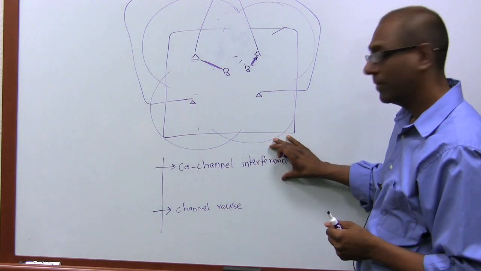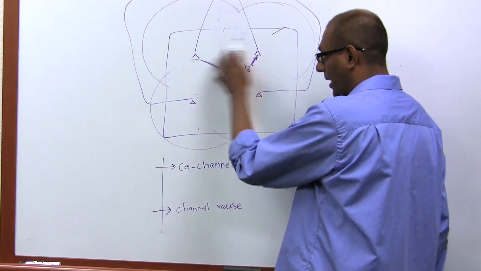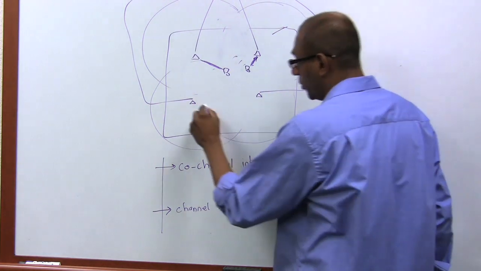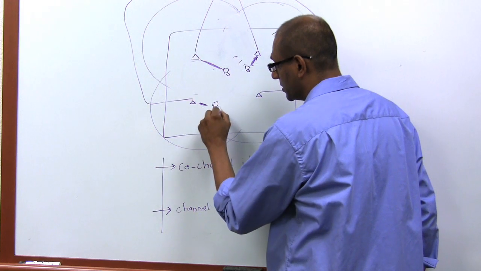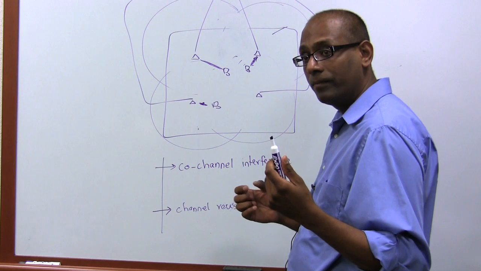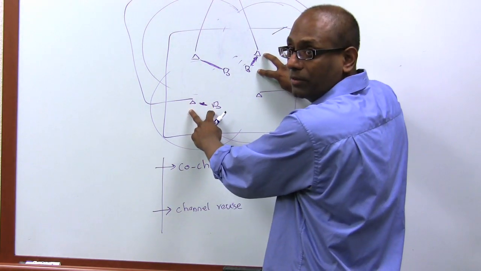That's the first aspect. There's a second aspect, which is channel reuse, wherein while you have access points on the same channel and potentially actually hearing each other, you might still have these two transmissions, this one and this one, that can in fact go on in parallel, even though each of these devices might be heard by other devices.